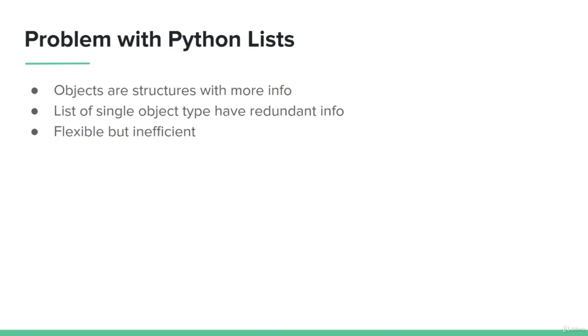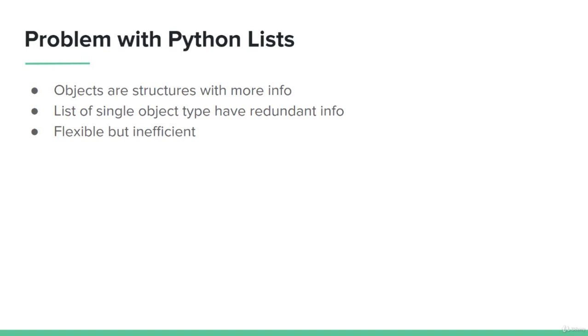So when we discuss the efficiency of Python lists, there are many types of problems that arise with them. We have seen that even though we're talking about one particular integer, at the back end there is a rather complex object that has a lot of information. So if a particular integer has a complex object structure, then a list of several integers means a list of several object types.